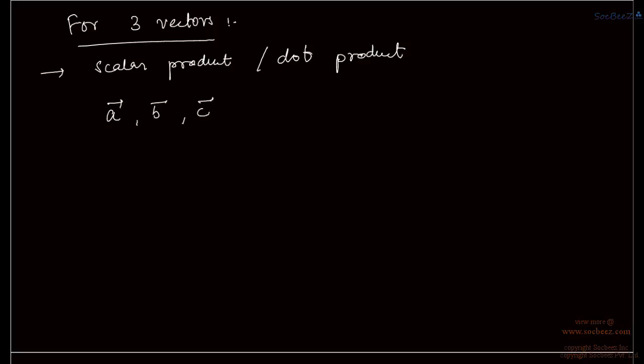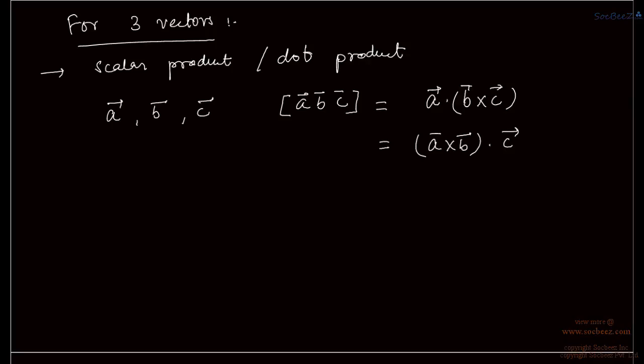It is defined as the bracket ABC, which is equal to A dot B cross C, or A cross B dot C, or C cross A dot B, or C dot A cross B. That means we can write it in any of these four ways.